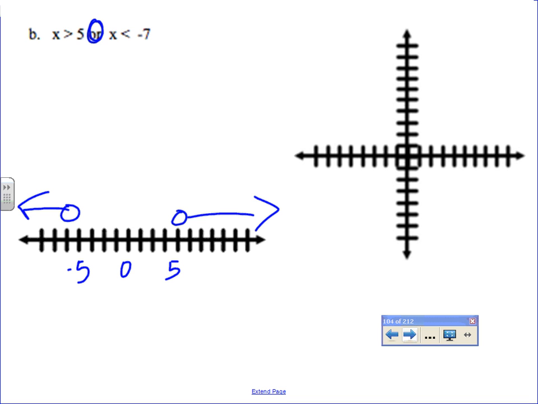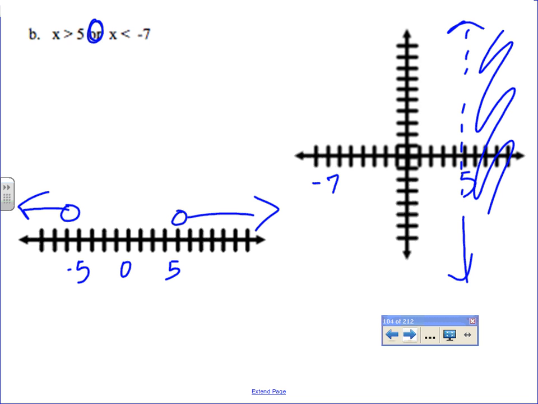Okay, let's go to the coordinate plane. Let's put our -7 here, and let's put our 5 here. X is greater than 5. We have a dotted line going through 5. Since x is greater than 5, you should be shading to the right. X is less than -7.